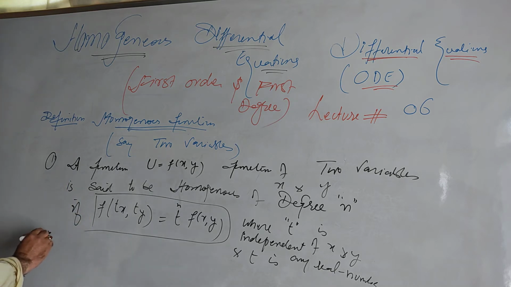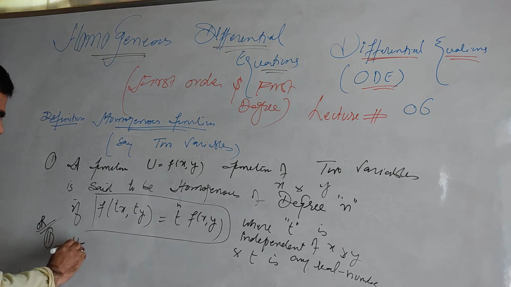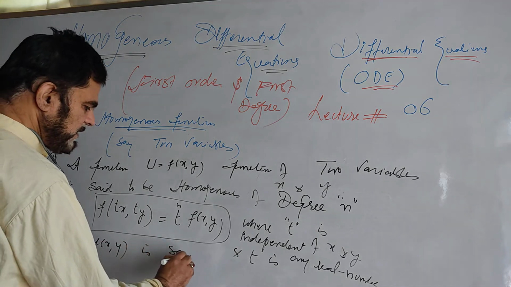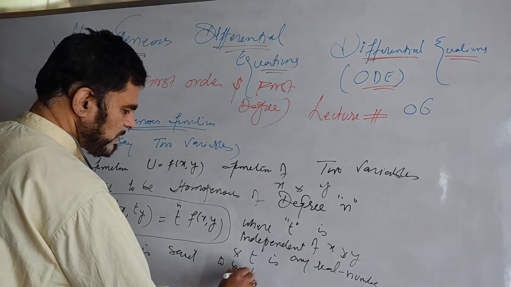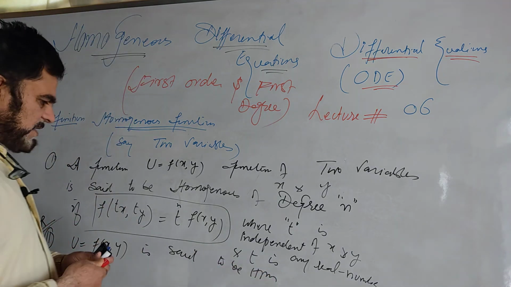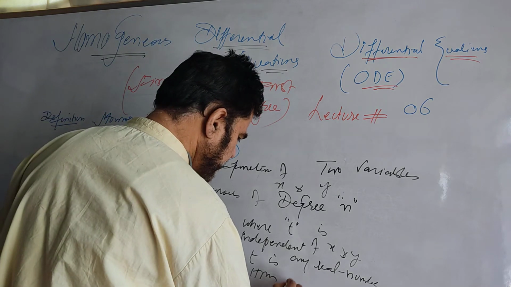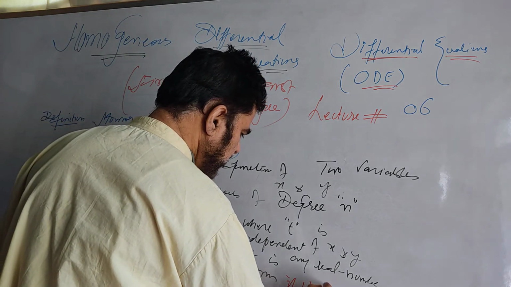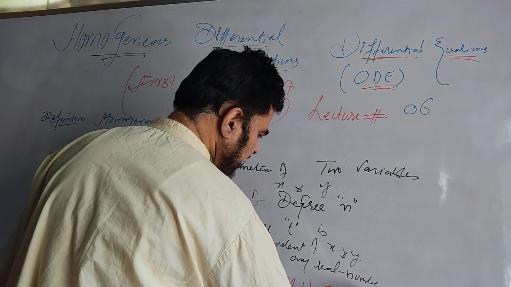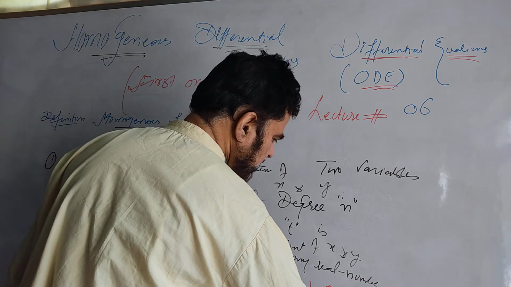Second definition, sometimes we use this definition: u equal to f of x, y is said to be homogeneous of degree n if you can write it in the form of x raised to power n f of y by x.